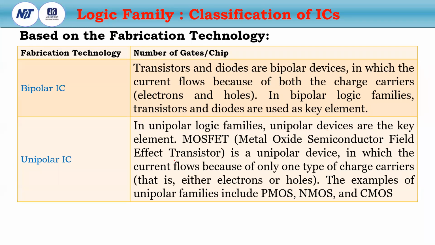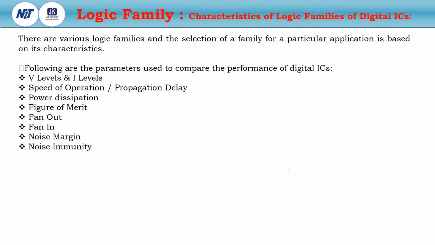But in unipolar IC, only the MOSFET is used. In unipolar logic families, unipolar devices are the key element. The MOSFET is a unipolar device in which current flows because of only one type of charge carrier, either electrons or holes. Examples of unipolar families are PMOS, NMOS, and CMOS. These are the classifications of the generalized ICs.